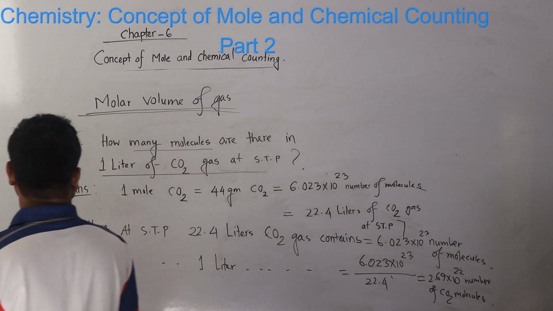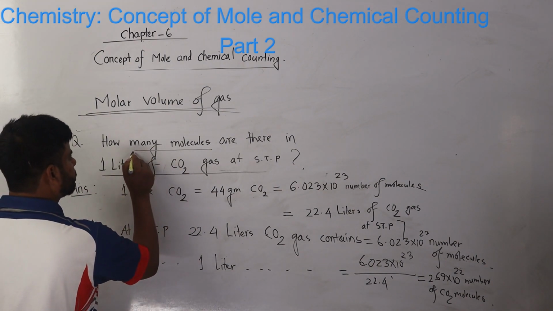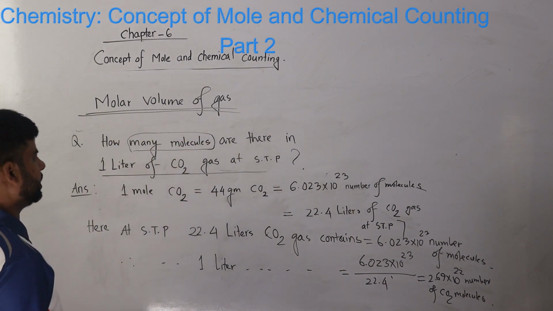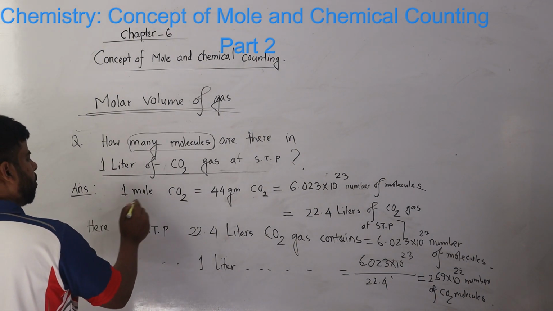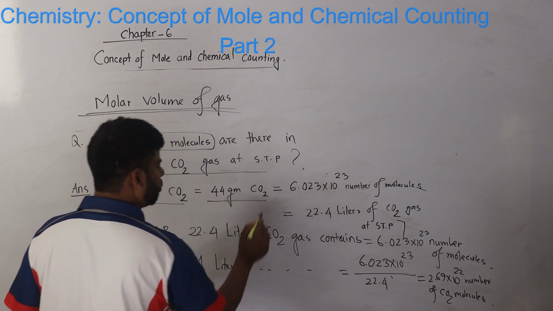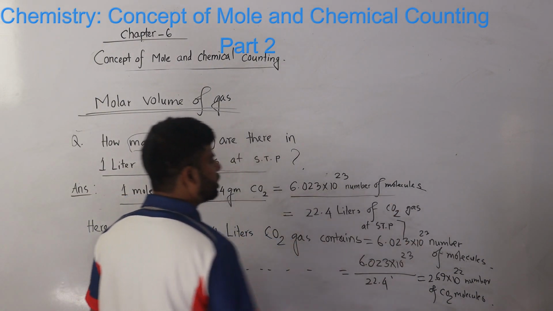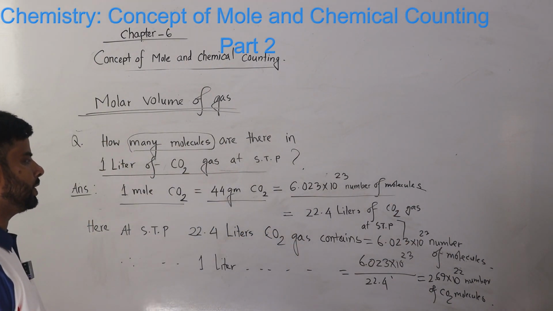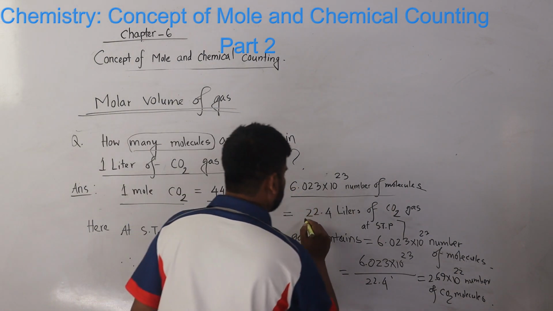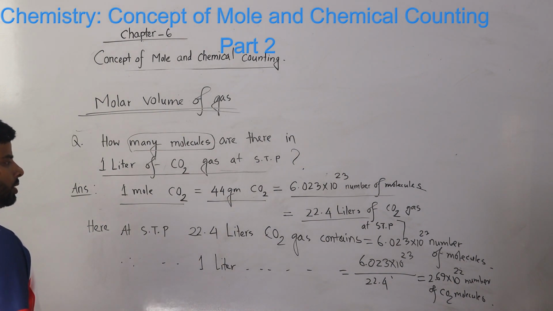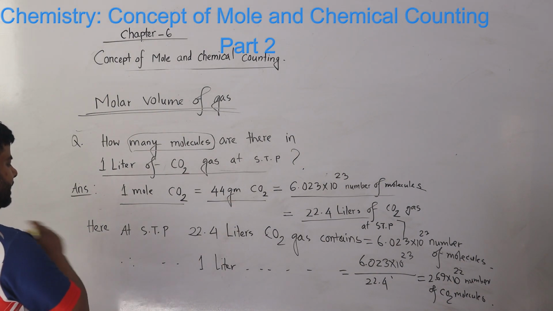So look at the question. How many molecules are there in 1 liter of carbon dioxide? Remember 1 mole carbon dioxide equals 44 gram carbon dioxide. It contains 6.023 × 10^23 number of molecules. So the volume of 1 mole gas is always 22.4 liters at STP.